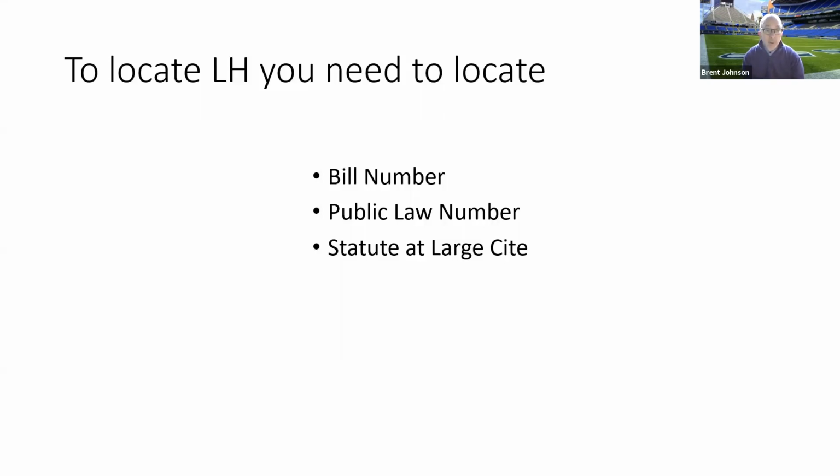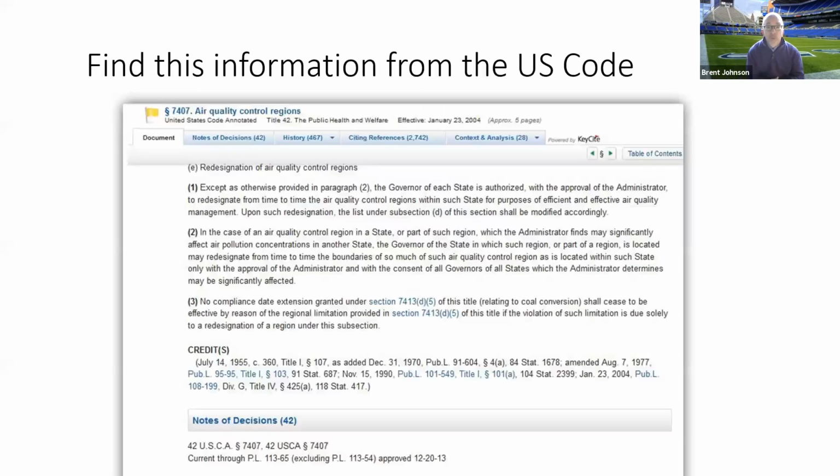To locate legislative history documents, you'll need to find at least one of these 3 things here: the bill number, the public law number, the statute at large citation, or the United States Code citation would suffice as well, because you can pull those numbers, those citations from the statute itself.